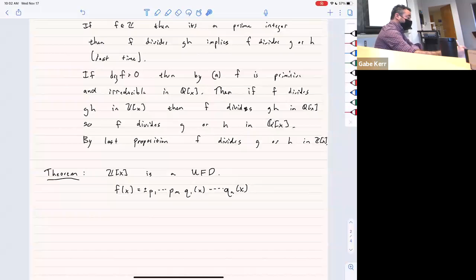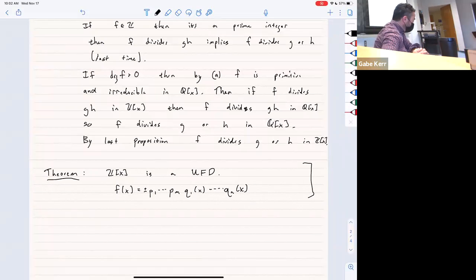This is the result we wanted to get to. This is really useful, as I said, when you're working with fields or doing any kind of number theory.